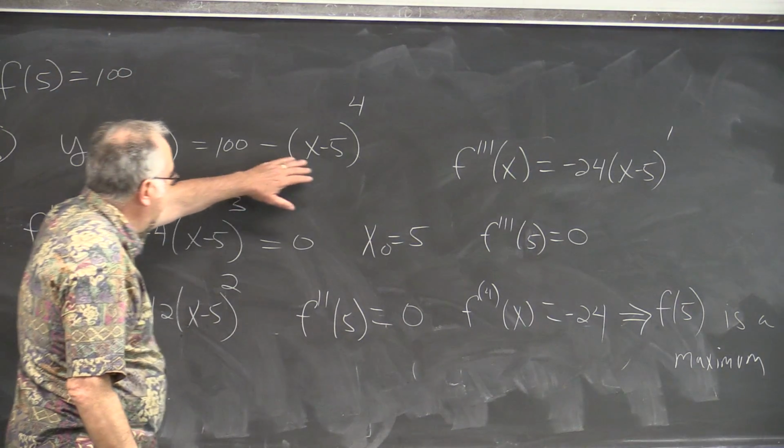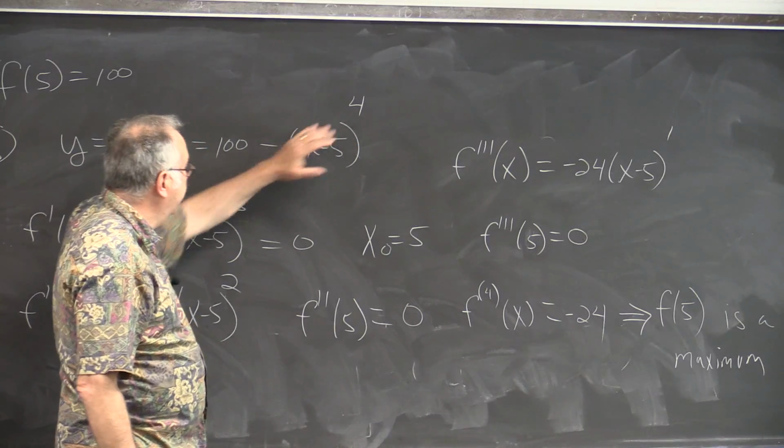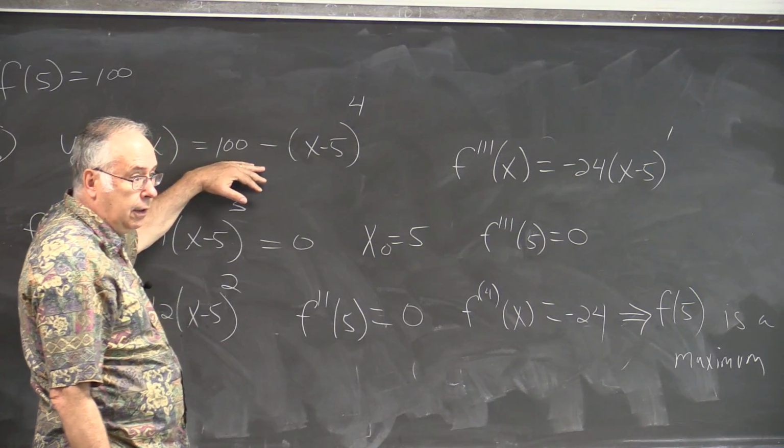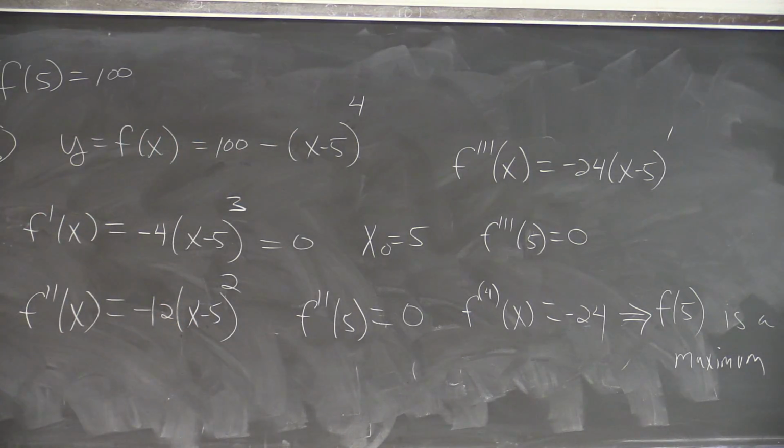Because at x equals 5, this term drops out, but you do have this constant. So the maximum is f of 5 equals 100. Why is that intuitively obvious? You can see that the function x minus 5 to the fourth is like a parabola, and it's an upside down parabola because of the minus sign.